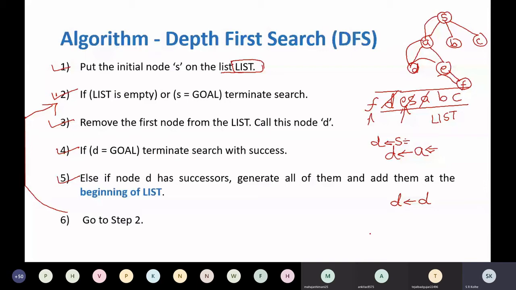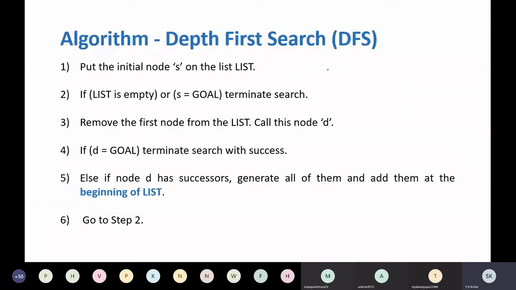So what is important here? Let us summarize in this algorithm that you have used a list kind of data structure, and you are putting elements at the front of that list, at the beginning of the list, and then you are checking every time the first node is a goal node or not. So what is this data structure? The generated nodes, you are putting at the beginning of that list, right?